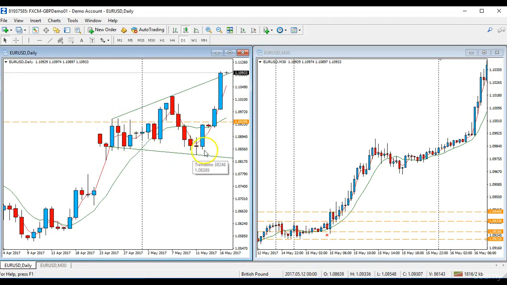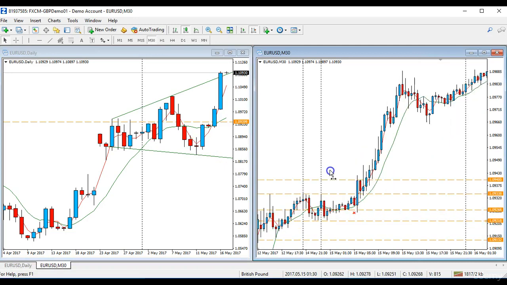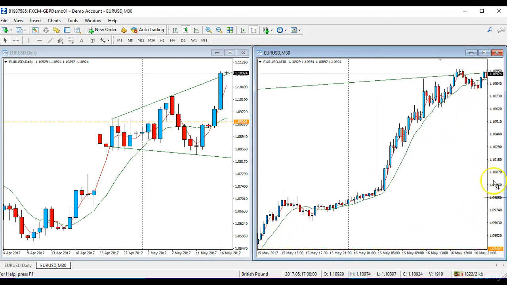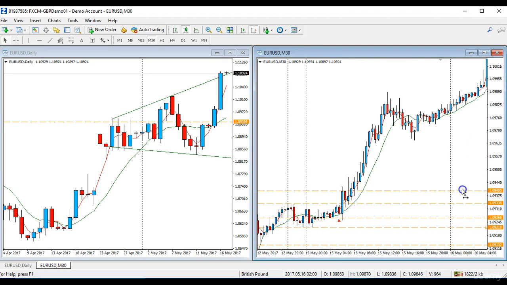You find where price is going to start moving with momentum, and then you go down to the lower time frames and find ways of entering the market with a low risk entry, and you go for a high reward. All my trading systems are based off that principle, to find these low risk, high reward entries into the daily or 4-hourly or monthly momentum, so that you will make a profit overall on your trades.